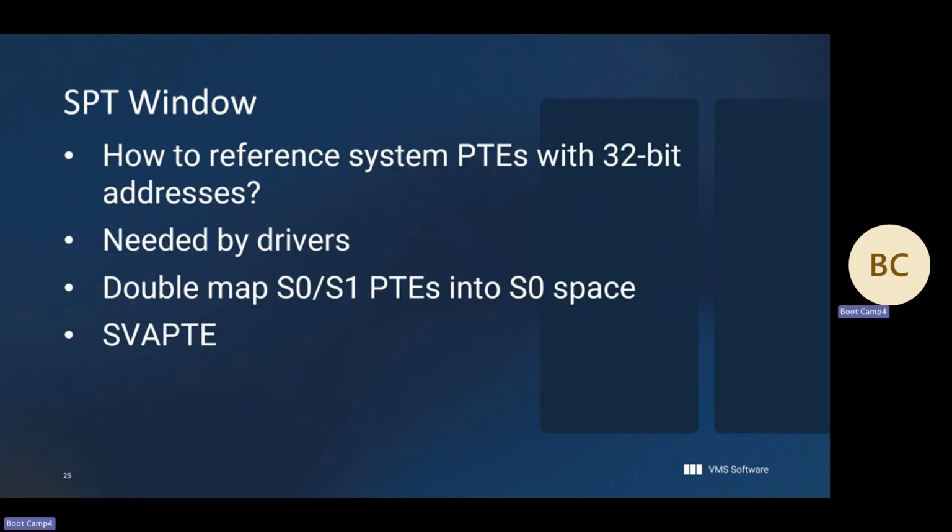We created something called the SPT window. It's addressing the problem of how to reference system page table entries with a 32-bit address. It's needed by drivers. What we do is double map those PTEs into S0 space, or actually S1 space. And then we come up with the SVAPTE, the system virtual address of a PTE.